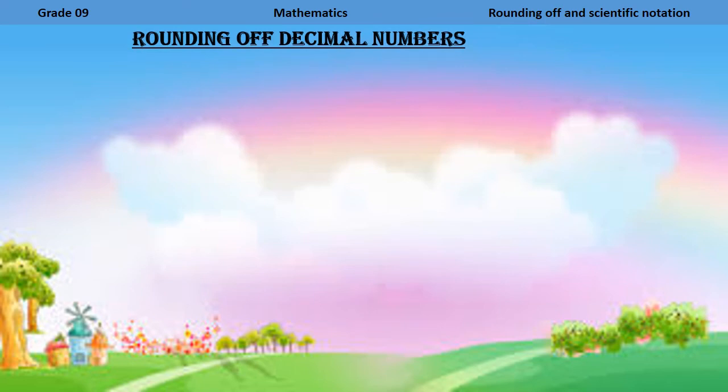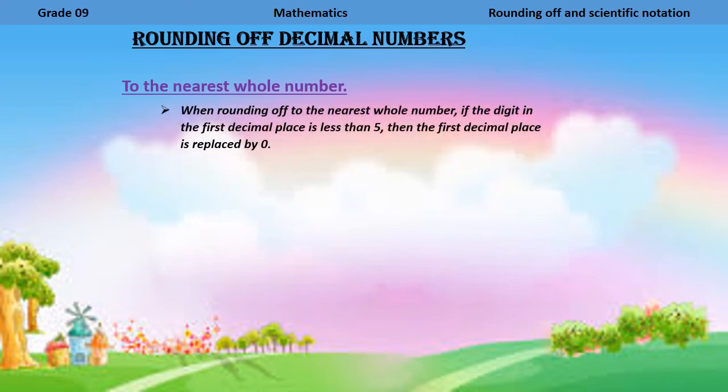Rounding of decimal numbers. First one, rounding of decimal numbers to the nearest whole number. When rounding off to the nearest whole number, if the digit in the first decimal place is less than 5, then the first decimal place is replaced by 0. 13.2.